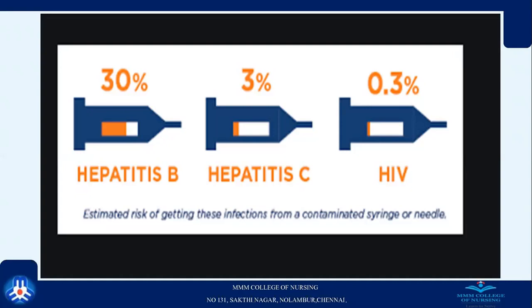For hepatitis B, there is a 30% chance that a person who has a needle stick from a contaminated person will get the infection, then 3% in the case of hepatitis C, and 0.3% in the case of HIV. However, 0.3% is the lowest percentage, but nothing should be ignored.